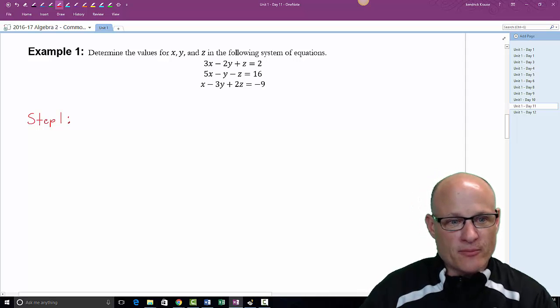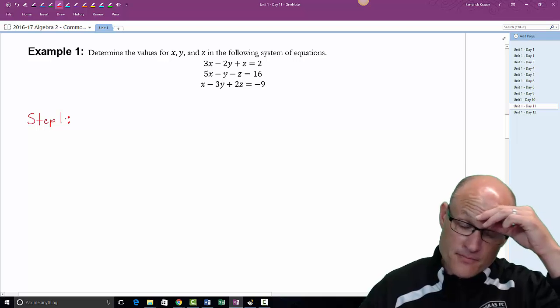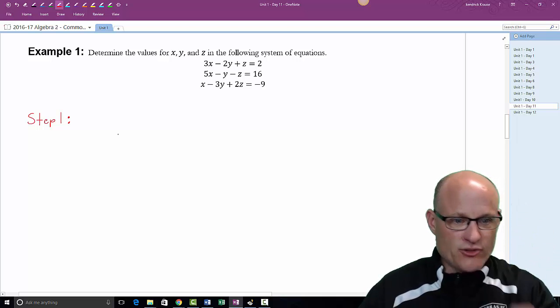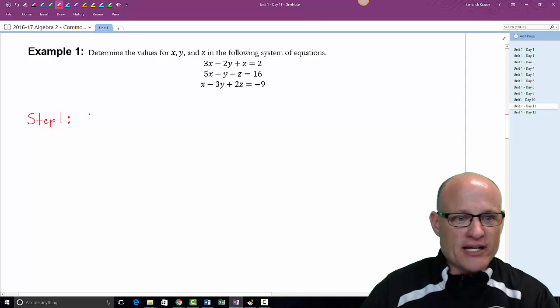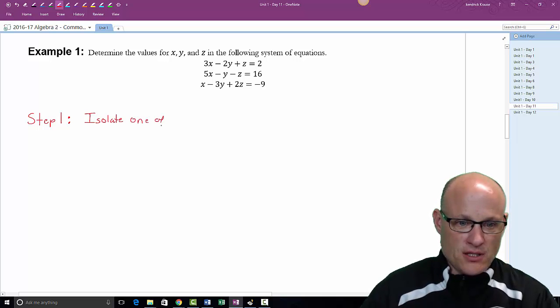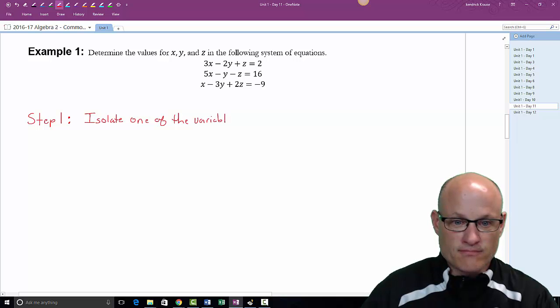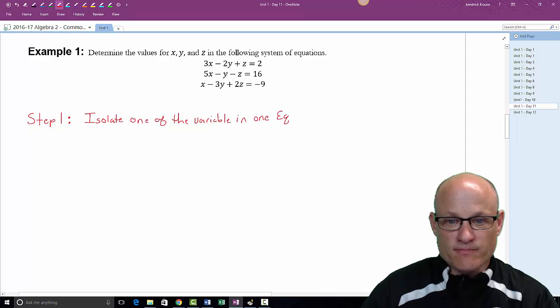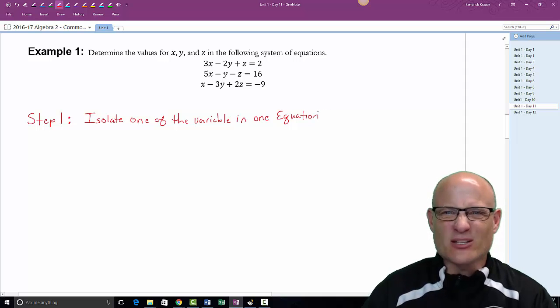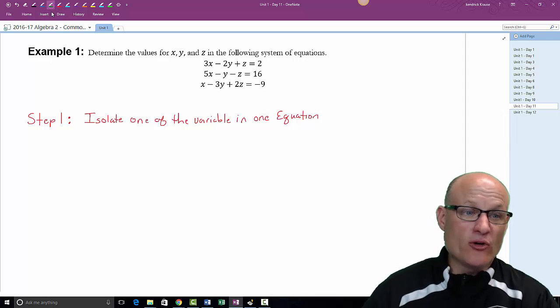So step 1 for me is to isolate one of the variables in one equation. I want to get one of the letters by itself in only one of the equations.